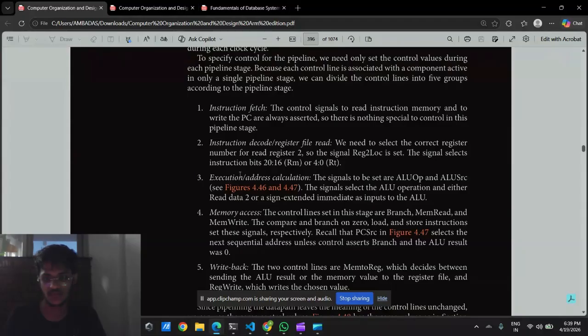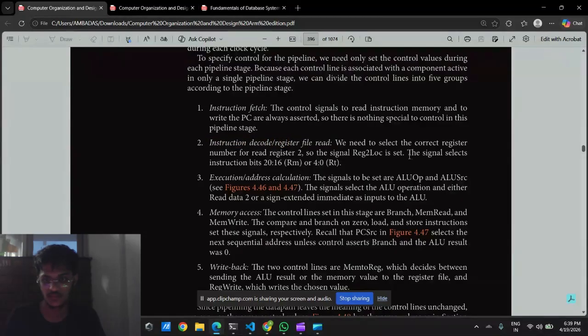So there we need the reg to log control signal. In short, we are going to have reg to log in this register instruction decode stage.